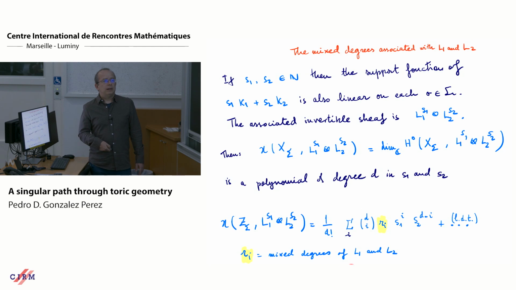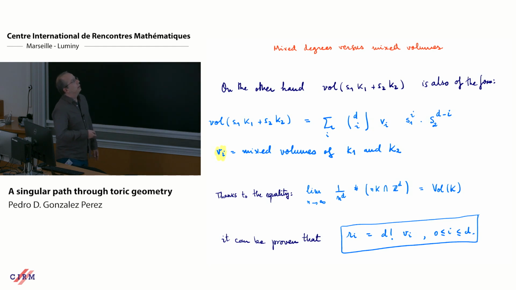If we consider the terms of degree d, we write them in this way. And what we get is that these coefficients Ri are the mixed degrees of the invertible sheaves L1 and L2.